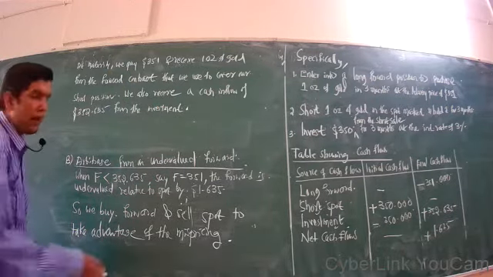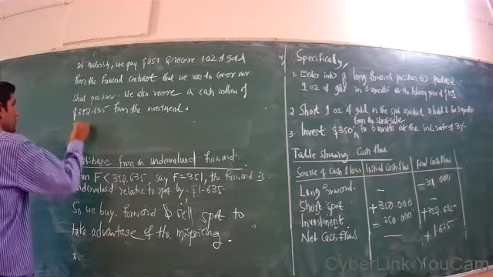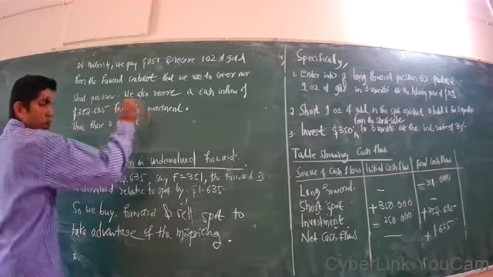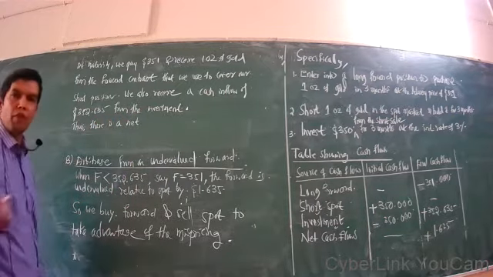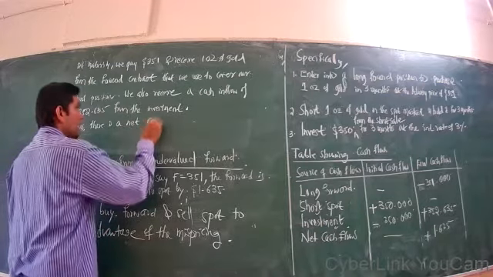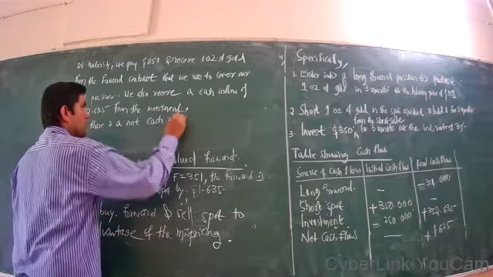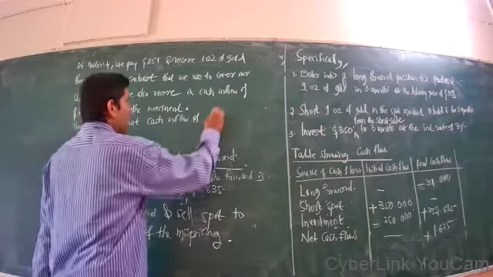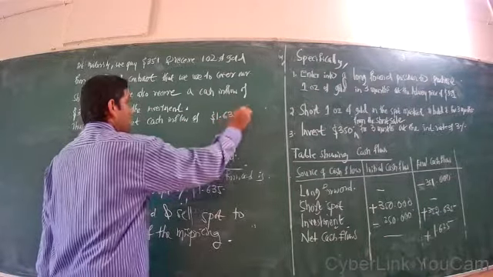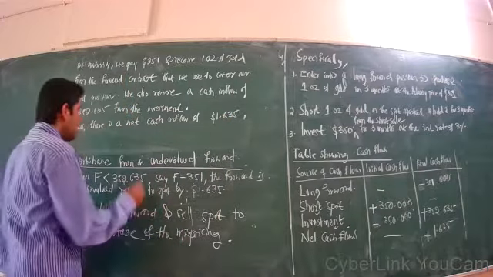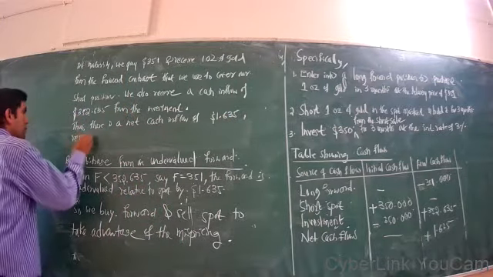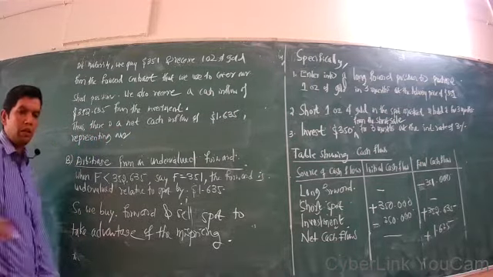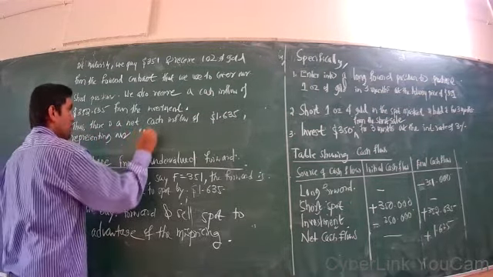Thus there is a net cash inflow of $1.635, representing our arbitrage profit.